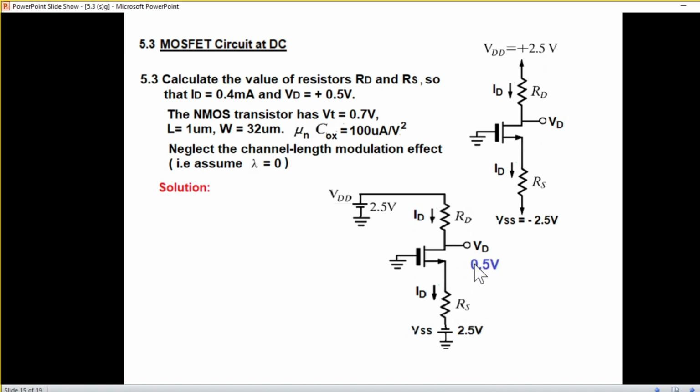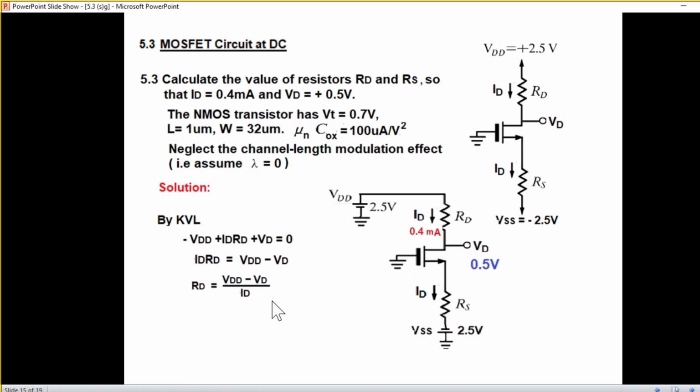Then VD is given to be 0.5, so enter that. Current is 0.4 milliampere. And now we'll write the KVL equation for this loop. So minus VDD plus IDRD plus VD equals 0. And from here we can calculate RD.